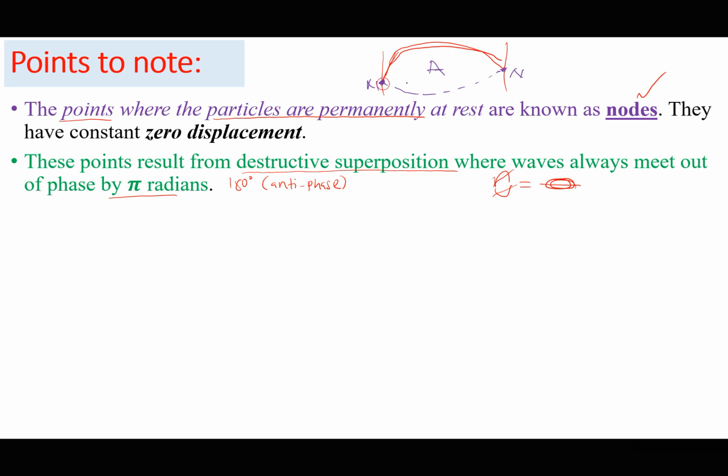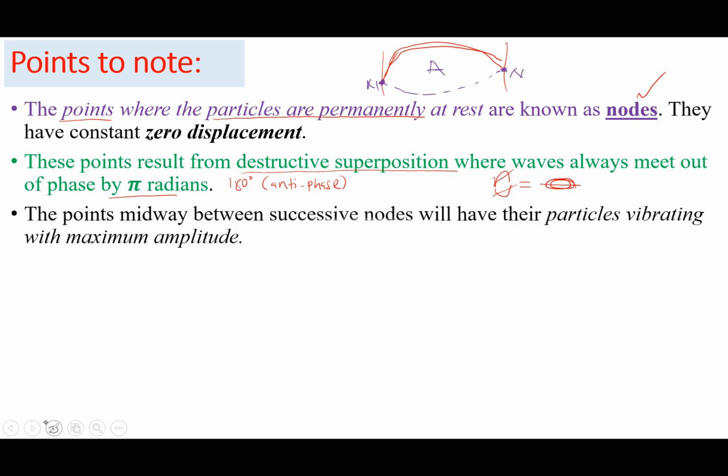So these points are considered to be formed when waves are 180 degrees out of phase. The particles could be in the same position of their vibration, or they have reached the same stage, but they're vibrating in opposite directions. So that is 180 degrees out of phase. That's what we called antiphase.